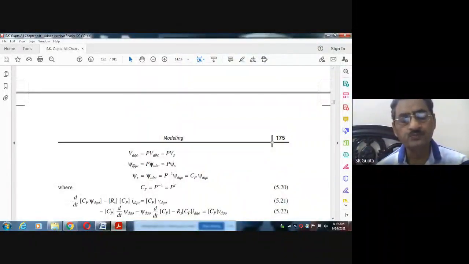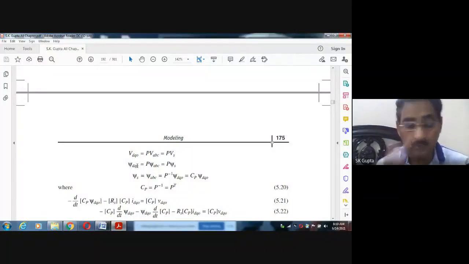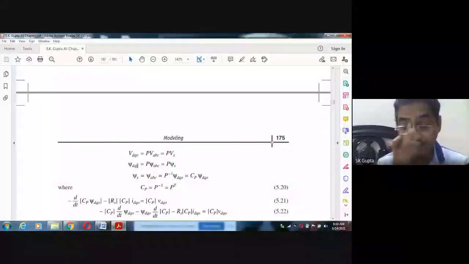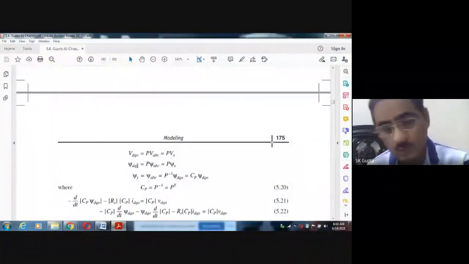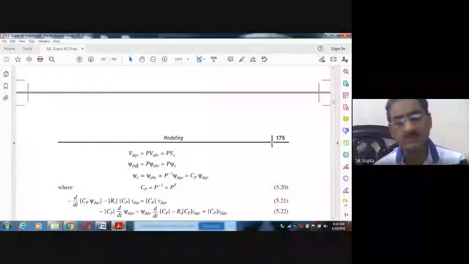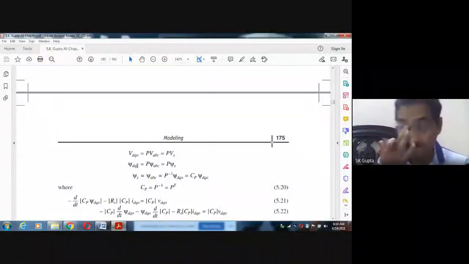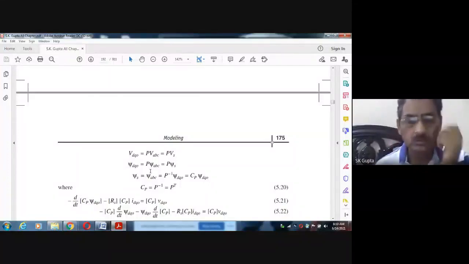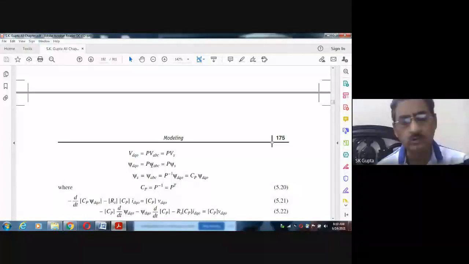From here you see psi dq0, because what is our intention? Our intention is to convert ABC into dq0, because we will do all analysis in dq0. Why in dq0? Everything will be referred to the rotor side, and D and Q are at 90 degree phase difference to each other, so there will be no mutual linkage. That's why we convert everything into the rotor side. So here you see this relation: psi dq0 is equal to P, the Park transformation, times psi ABC.